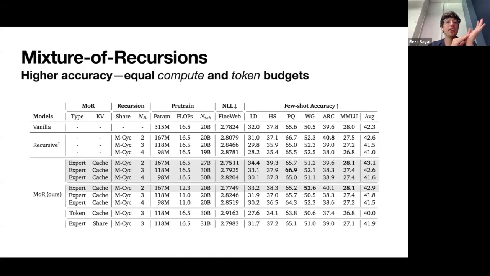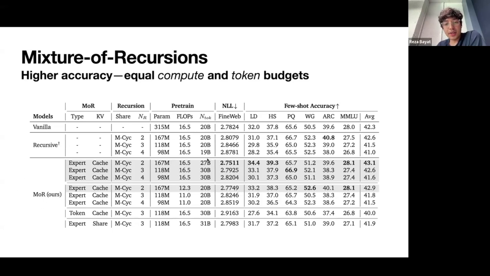So here is the main result. Under the same compute and token budget, our MR approach outperforms the vanilla transformer. The first row is the vanilla transformer with a much larger number of unique parameters, this is the recursive baseline, and this is our MR approach.